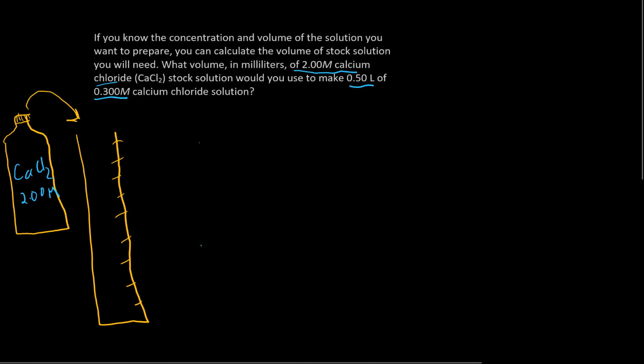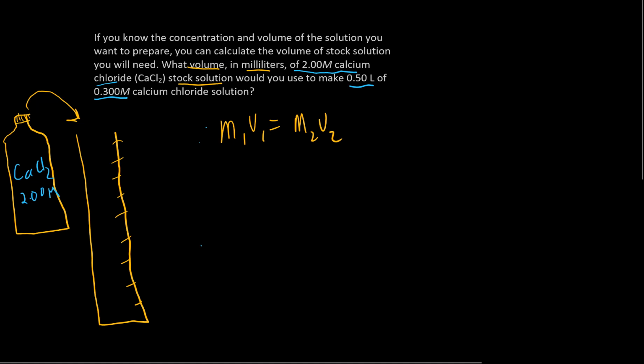So here's what we do. I'm going to go back to my yellow here. We take our formula, M1V1 equals M2V2. First of all, we're going to be solving for the volume in milliliters of the stock solution, how much of the stock solution we need.